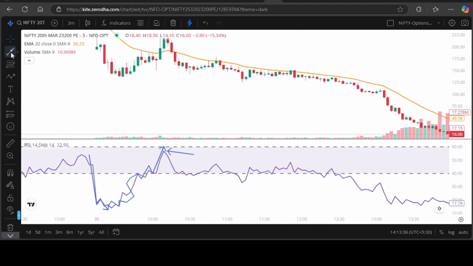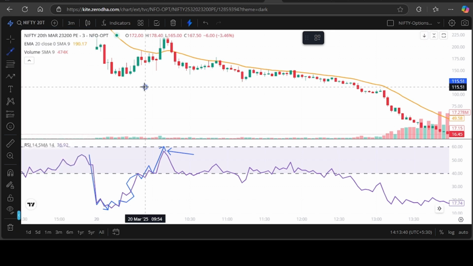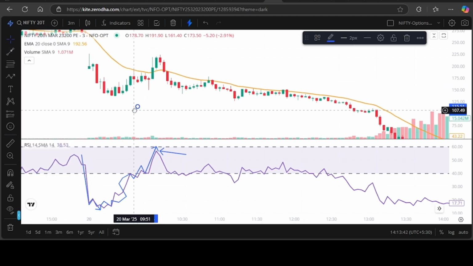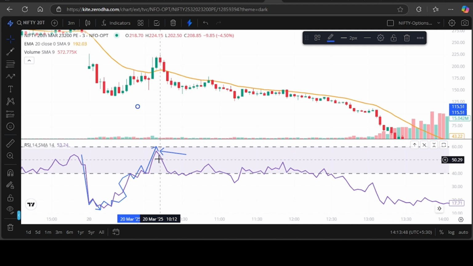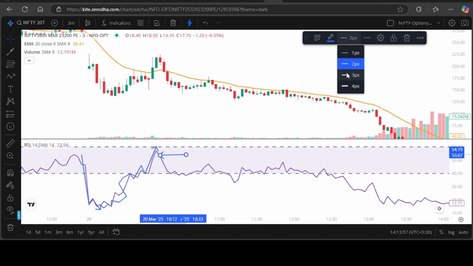So when it is near to the upper limit 60, and you see that there is a good candle getting formed on the next tick of this RSI move, let me move it here. Here I'll make it a little bold. Yeah, here, this big arrow.